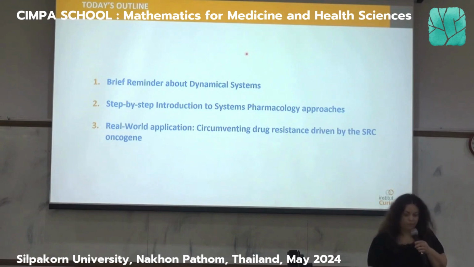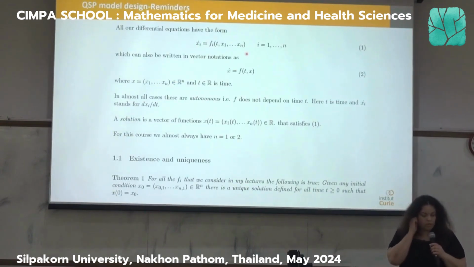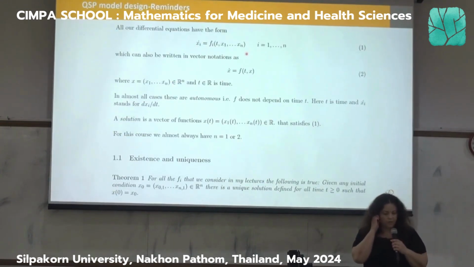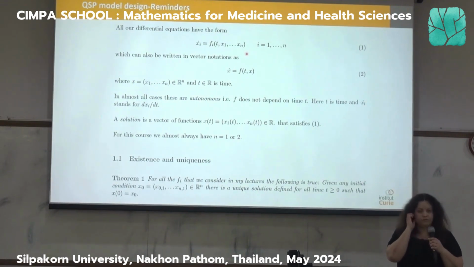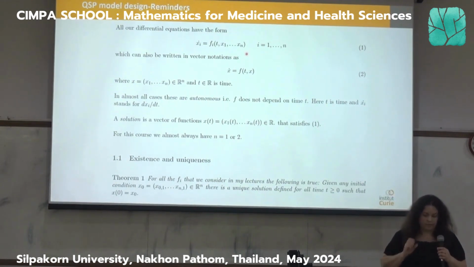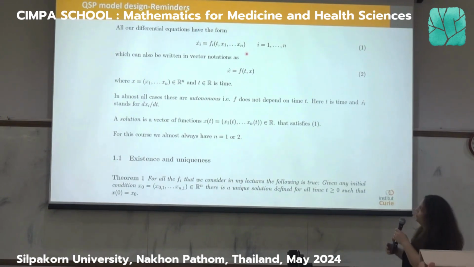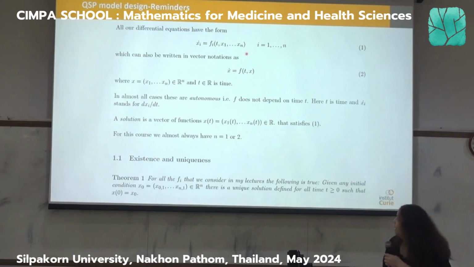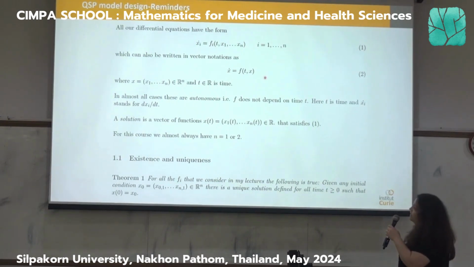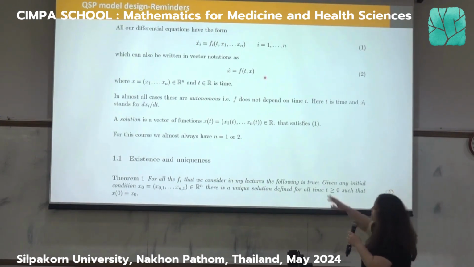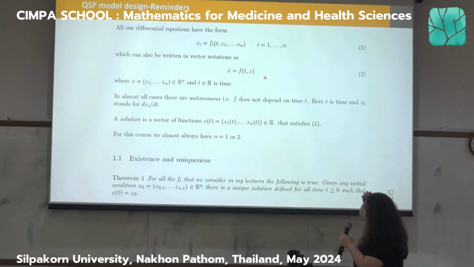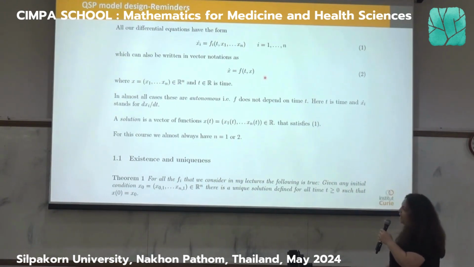Okay, so very briefly, all systems that I'm going to talk about are ordinary differential equation systems. You can write them in vector form like this. And basically, we are looking for solutions where x is the solution that satisfies the system.